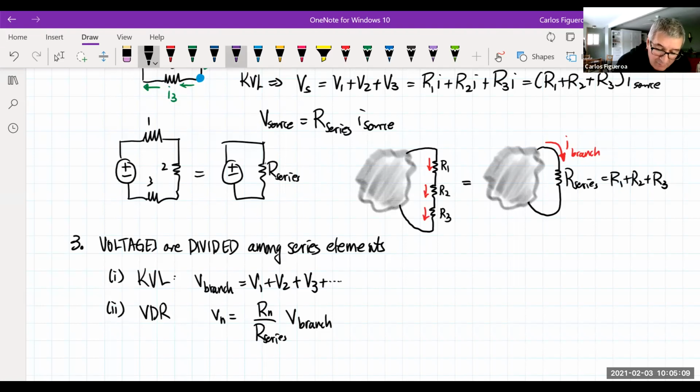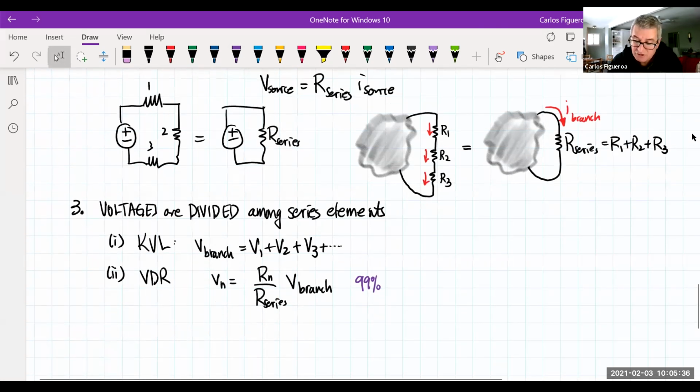Remember, 99% of the time when you have circuits like this, you want to be using the voltage divider rule. There are some problems at the end where you're going to have to use KVL and KCL, and you're going to see that that's considerably harder. So let's go look at the voltage divider rule.